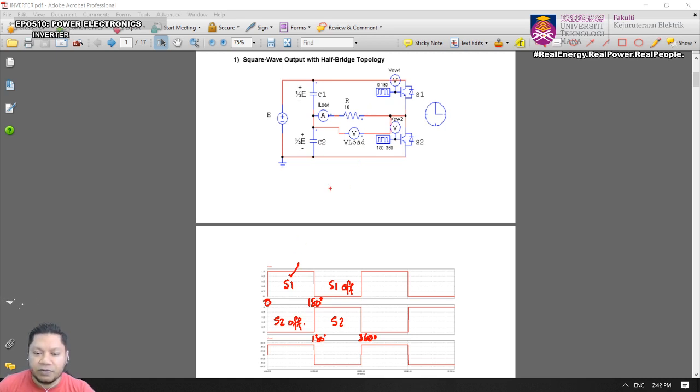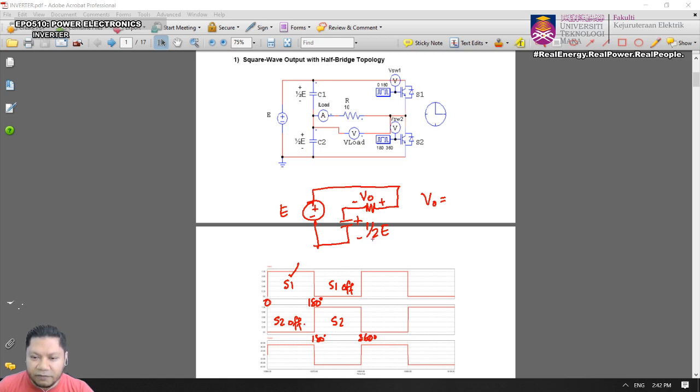voltage here will be what? So if you redraw the circuit while S1 is on, it goes to that, then it passes to the load, they come back to C2, and C2 here is charged up to half of the E. So let's say this is E, and now you have half of the input voltage across that, and therefore if you look at this equivalent circuit, your V out will be equal to what?